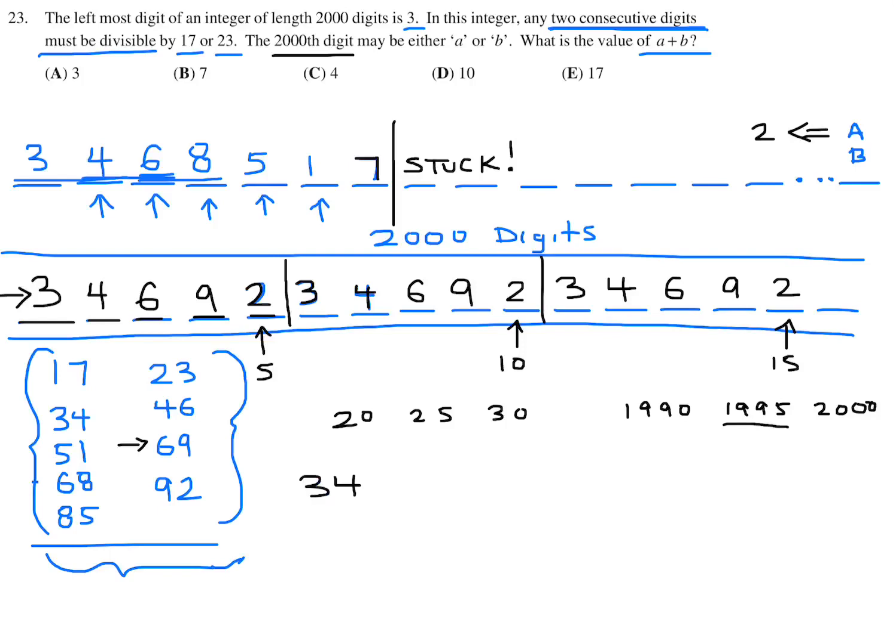So you keep doing that, and you get up to the very end. So you got 3, 4, 6, 9, 2, like that. And this is your 1995th digit. And you've got the last 5 digits, right? Okay, let's figure out the last 5 digits. If there's a 2, it's got to be a 3, okay? If it's a 3, it's got to be a 4.